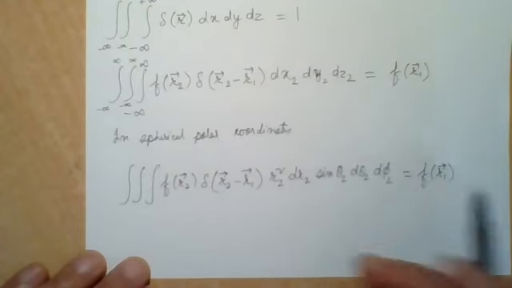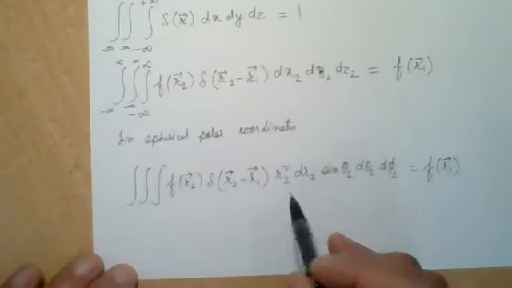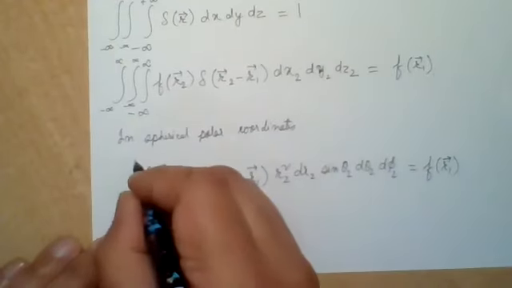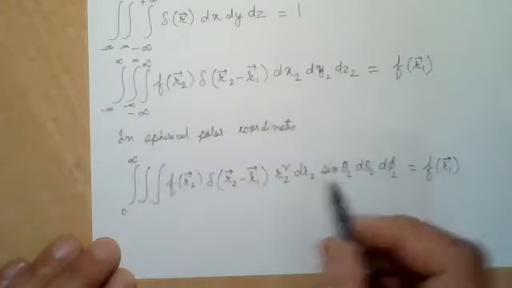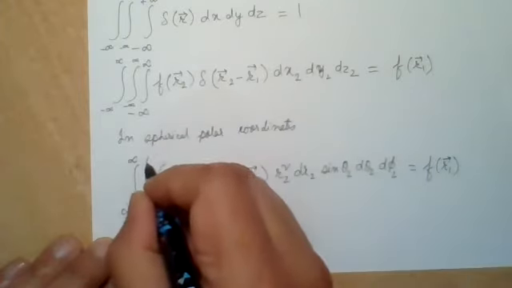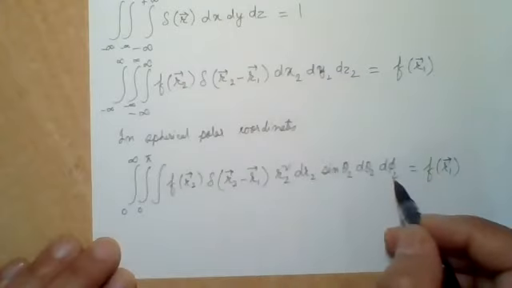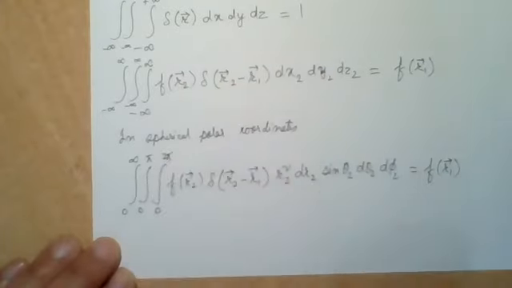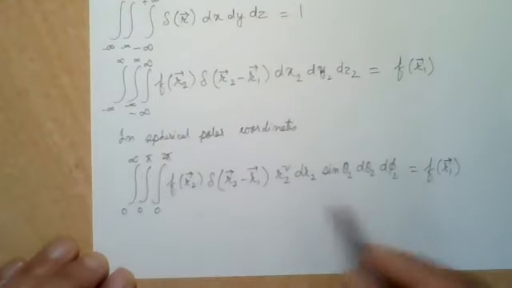Here the range of r2 is from 0 to infinity. The range of theta 2 is from 0 to pi. The range of phi 2 is from 0 to twice pi. Okay, this is fine.